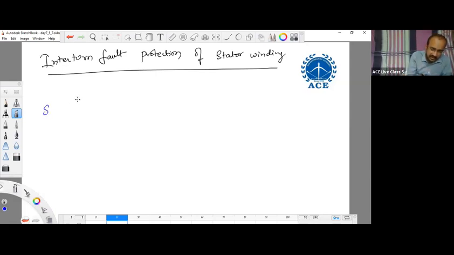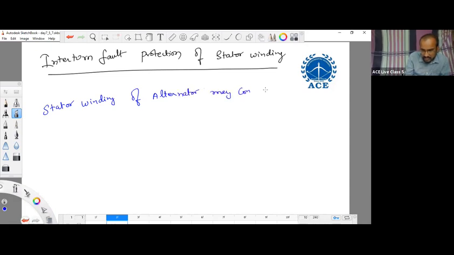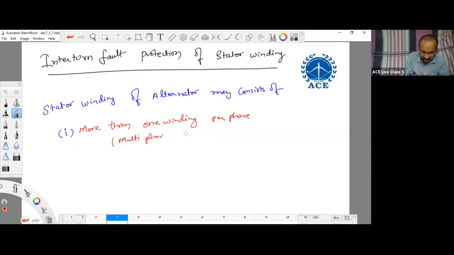The stator winding of alternator may consist of two types of winding construction. The first one is more than one winding per phase, which is known as multi-phase winding.